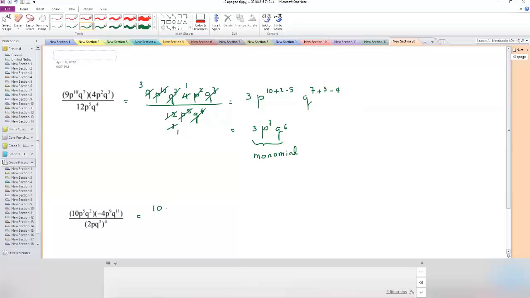So 10 p to the power of 5 q to the power of 2 times negative 4 p to the power of 9 q to the power of 11 over. Here I have to be careful. The 4 is affecting everything in the bracket.